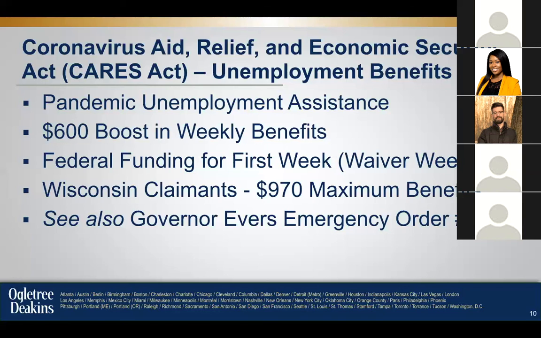This was one of the hotly debated items leading up to the passage of CARES, but ultimately the federal government decided to go in the direction of offering more benefits to individuals who are eligible for them.